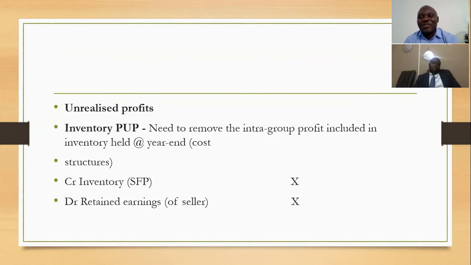So we'll have to cancel it. So we are reducing inventory from your side as the buyer. We are also removing unrealized profit from the seller under retained earnings.